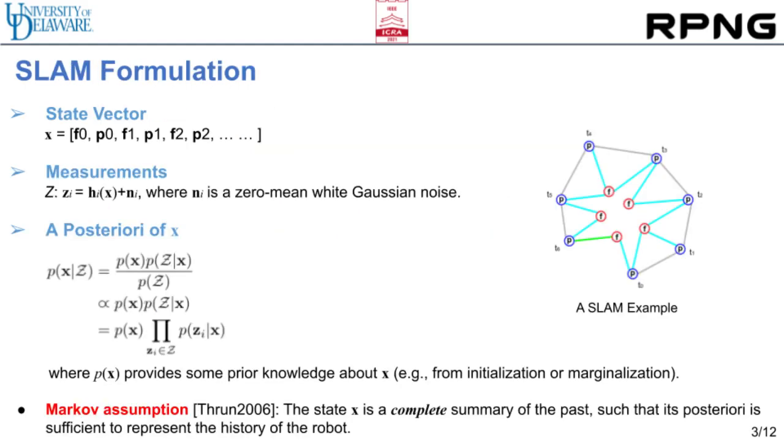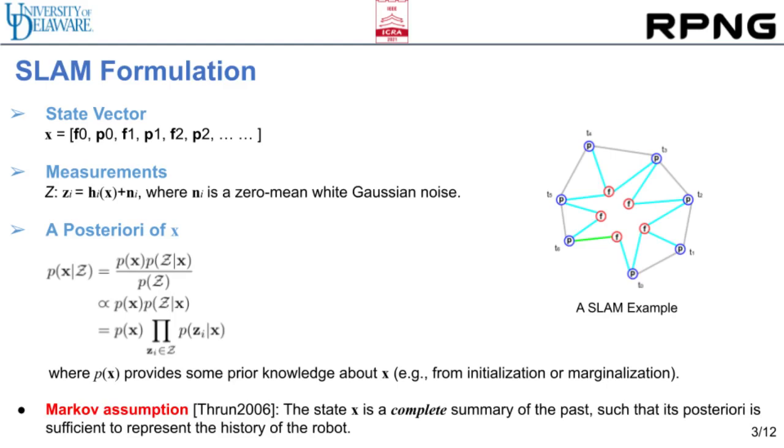So here let's briefly go through the formulation of the SLAM problem. Usually we can summarize what we want to estimate in SLAM into a state vector, which usually includes the poses of the robot and its observed features at every timestamp. However, in practice, those states are not directly observable, so we have to infer their values from the noisy sensor measurements, which are usually modeled as probabilistic constraints.